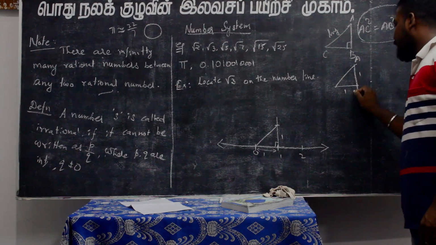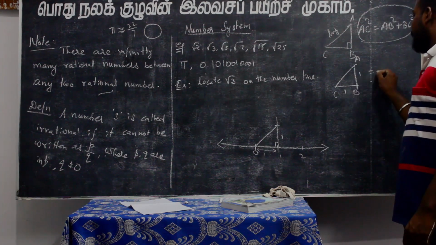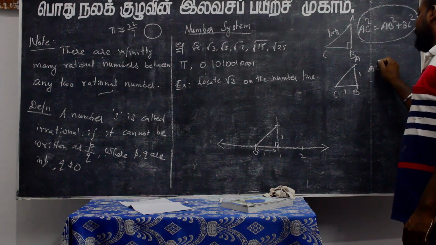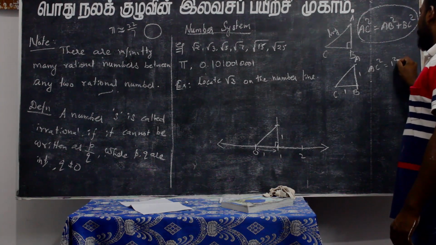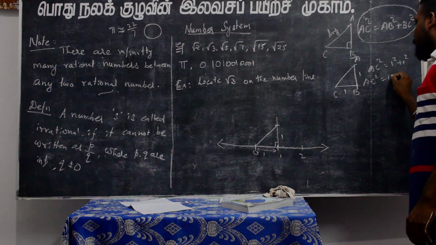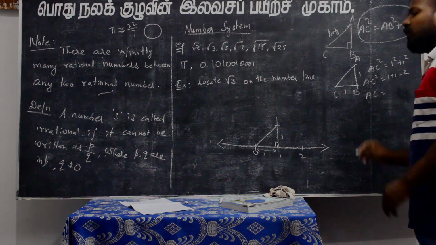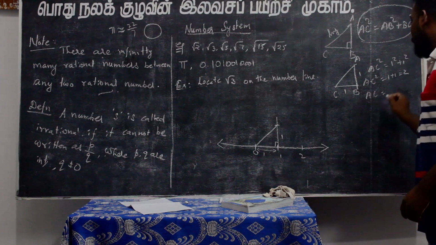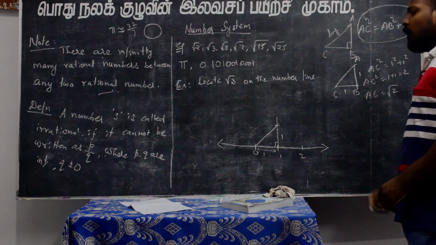This is your A, this is your B, this is your C. AC square, which is your hypotenuse square, is equal to 1 square plus 1 square. So AC square is 1 plus 1, which is 2. Taking the square root on both sides, AC is equal to root 2.